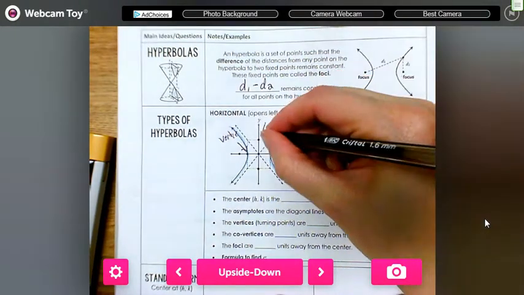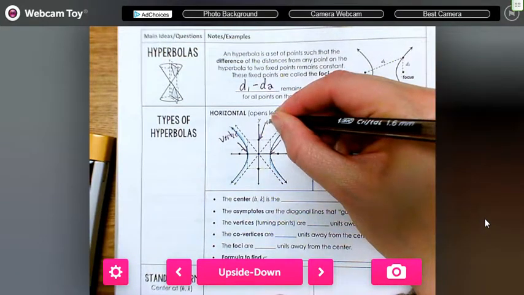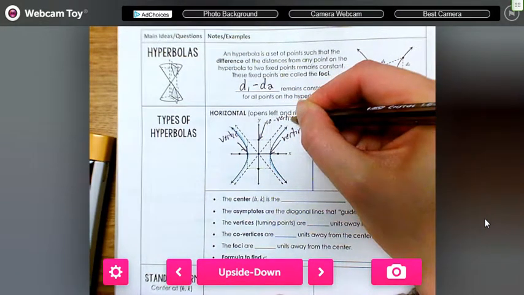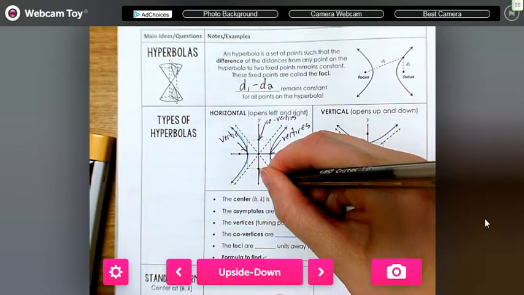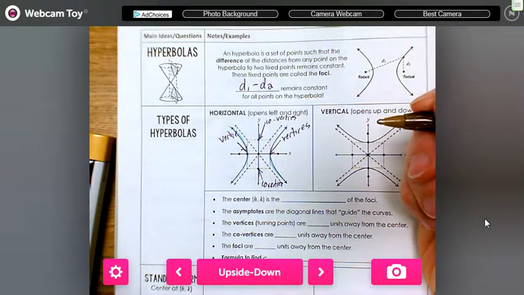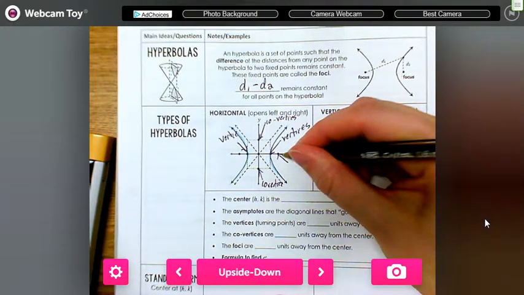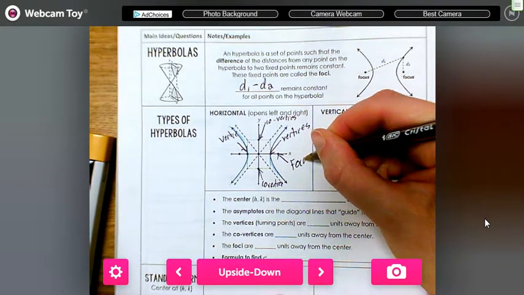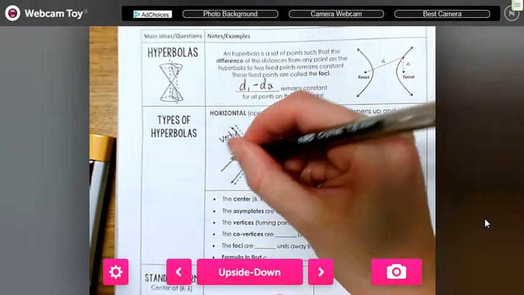These points up here are my co-vertices. Okay? And this is my focus point on one side. This is my focus point right here on the other side.